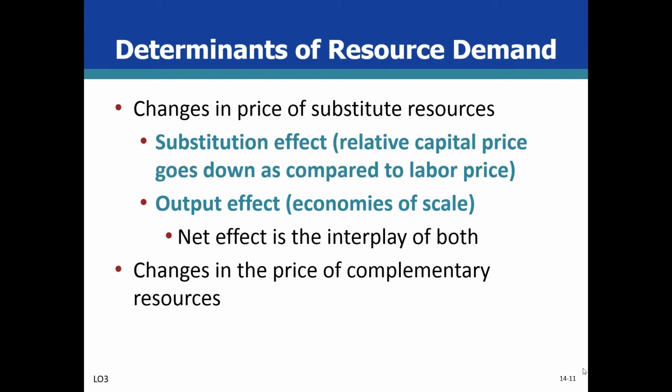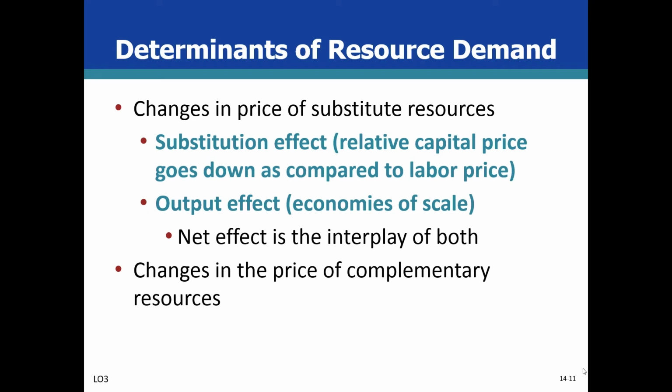Okay, so it's the relative price of capital and labor that's known as the substitution effect. There's also an output effect. That is, the more that is produced to get economies of scale, which allows you to operate at a lower average total cost, the more resources are going to be demanded.